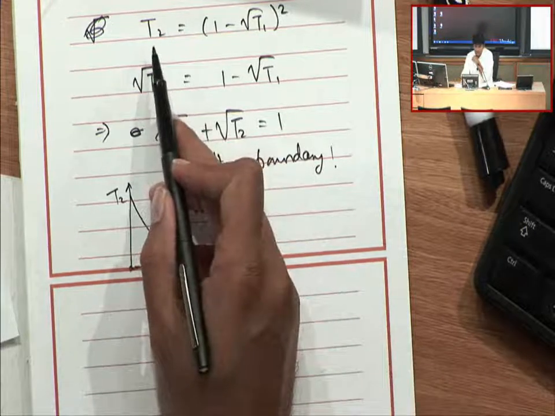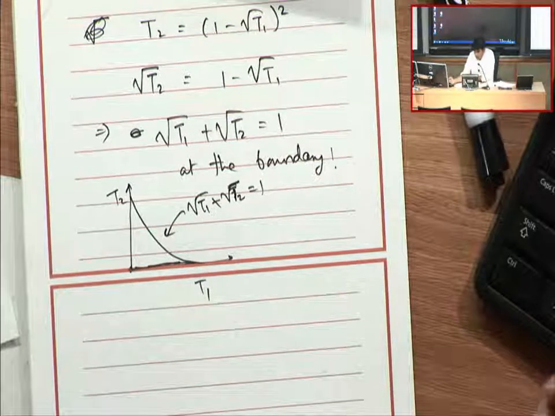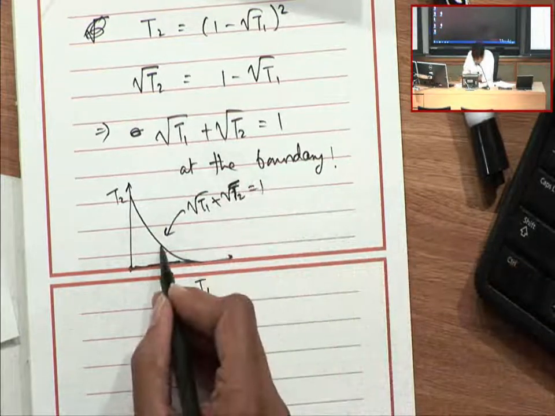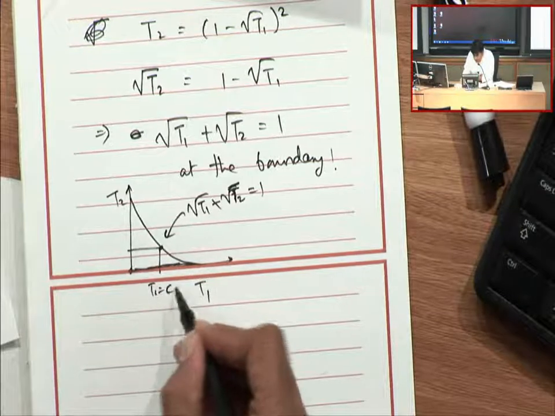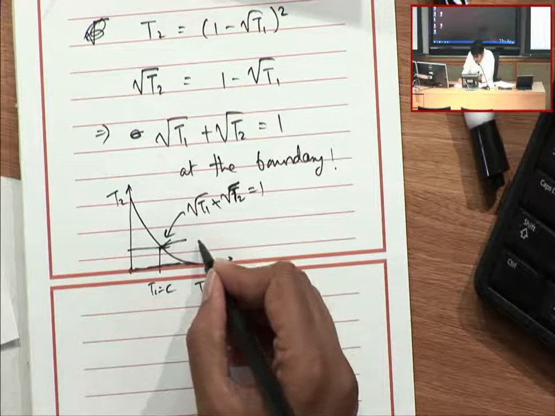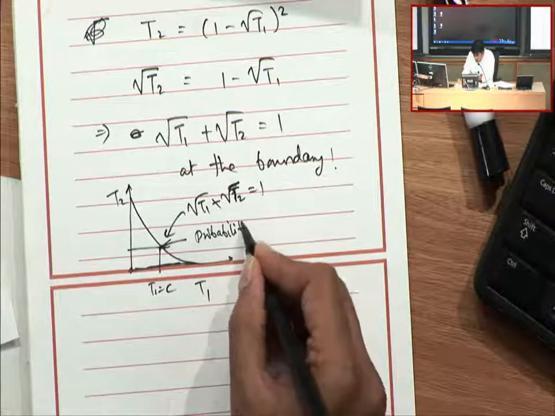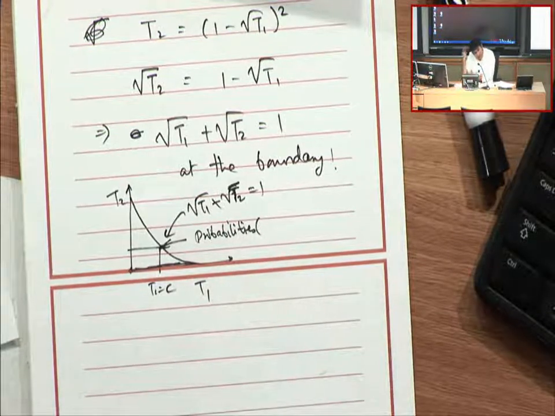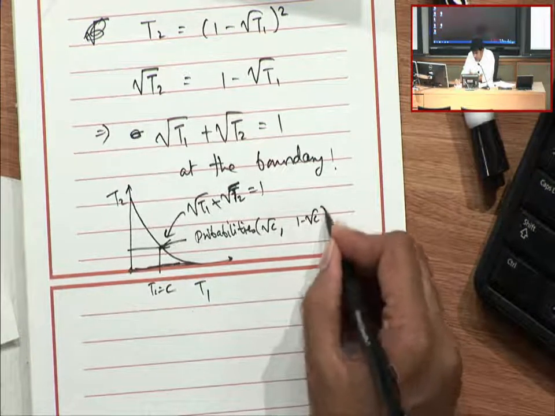Or alternatively, it's the curve T2 equals the square of 1 minus square root of T1. Okay. And at every point over here, for any arbitrary value of T1 equal to c, the probability that each source should use would be just square root of c and 1 minus square root of c.